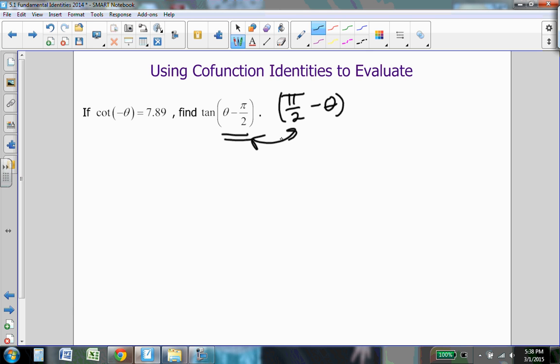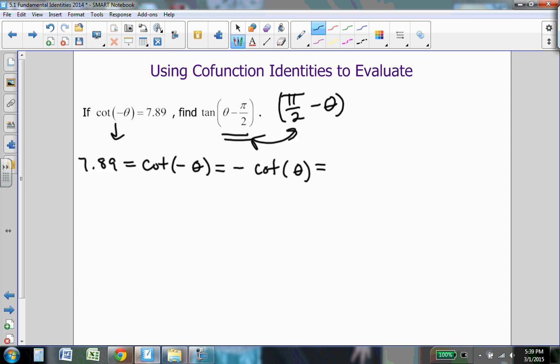These are simply opposites of each other, and we will have to be using that fact here in just a minute. Alright, so we're going to start with the cotangent of the opposite of theta. Well, the cotangent of the opposite of theta is the opposite of the cotangent of the positive angle, so just regular theta.